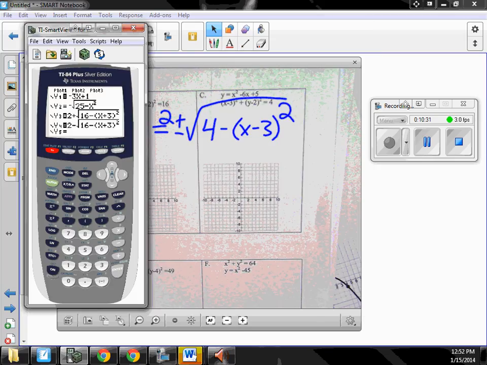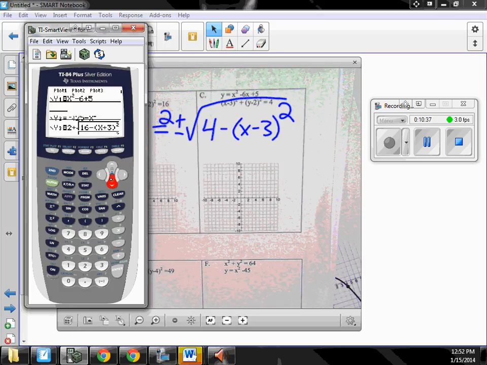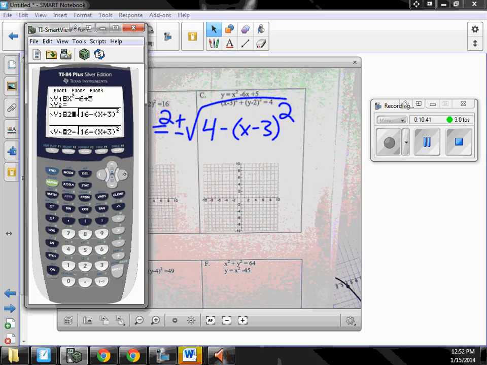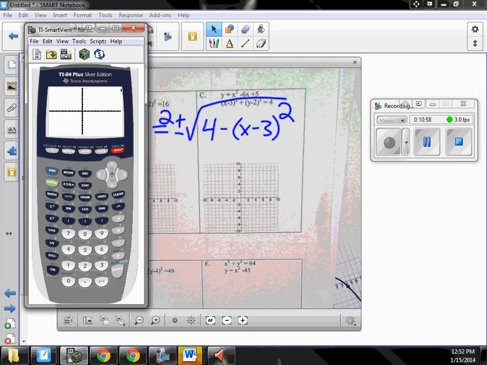So quadratic is x squared minus 6x plus 5. Well, I already had it. So you end up with a parabola.